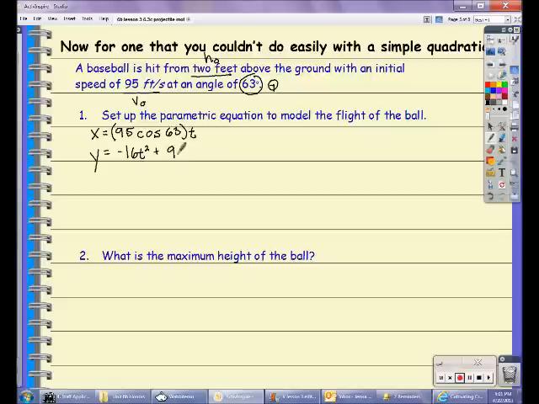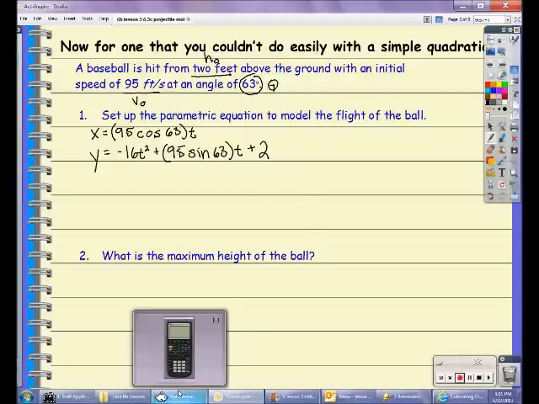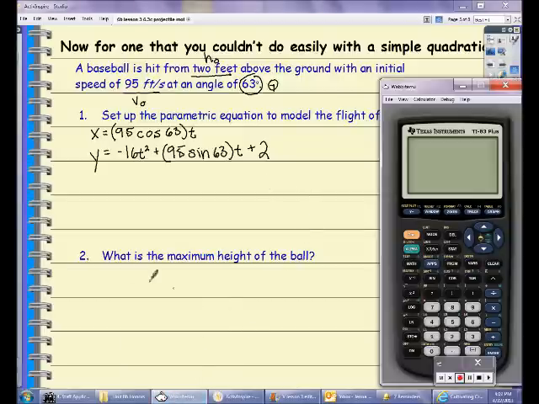Coefficient of t will be 95 sine of 63, sine of our angle. And then since we're not hitting this off the ground, we're hitting a baseball from 2 feet above the ground, we have to add 2. Parametric equation, check.